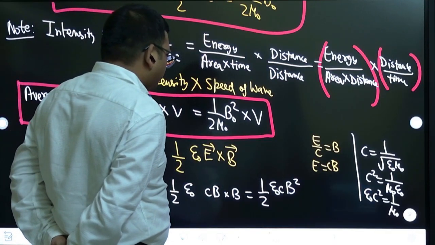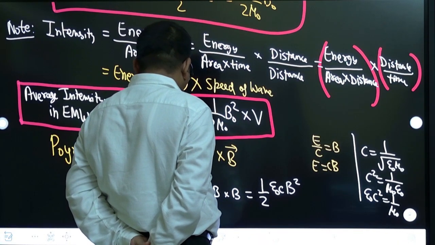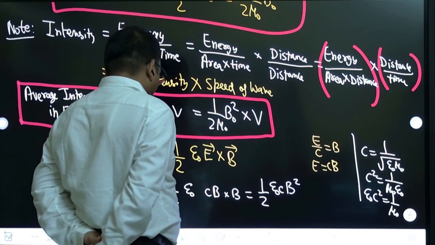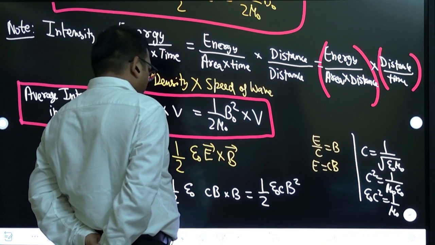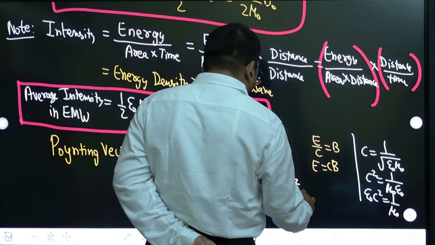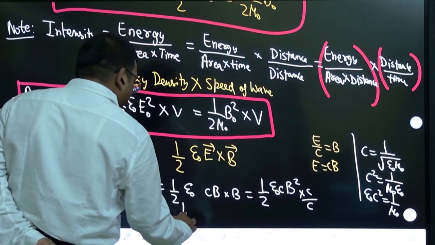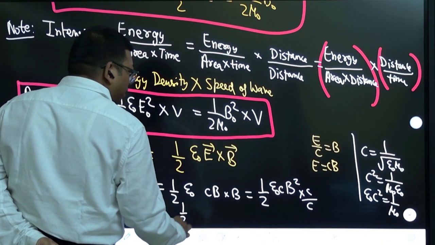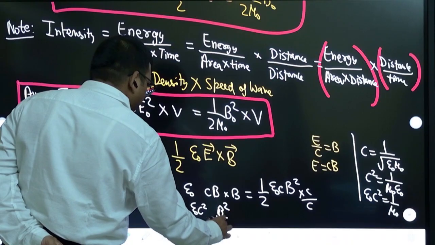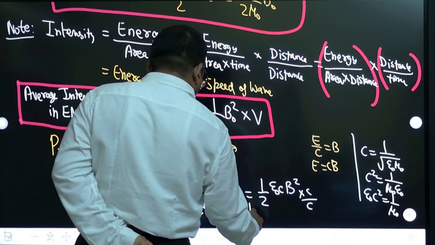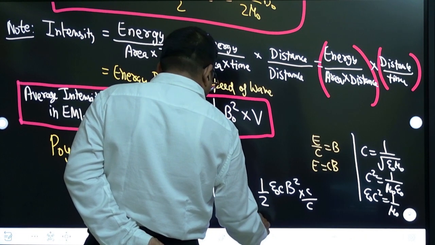So I think we need to multiply one C in numerator and one C in denominator. Multiply one C in numerator and denominator. So we will get 1 by 2 epsilon naught C square into B square by C. This becomes 1 by 2, mu naught will come in denominator.